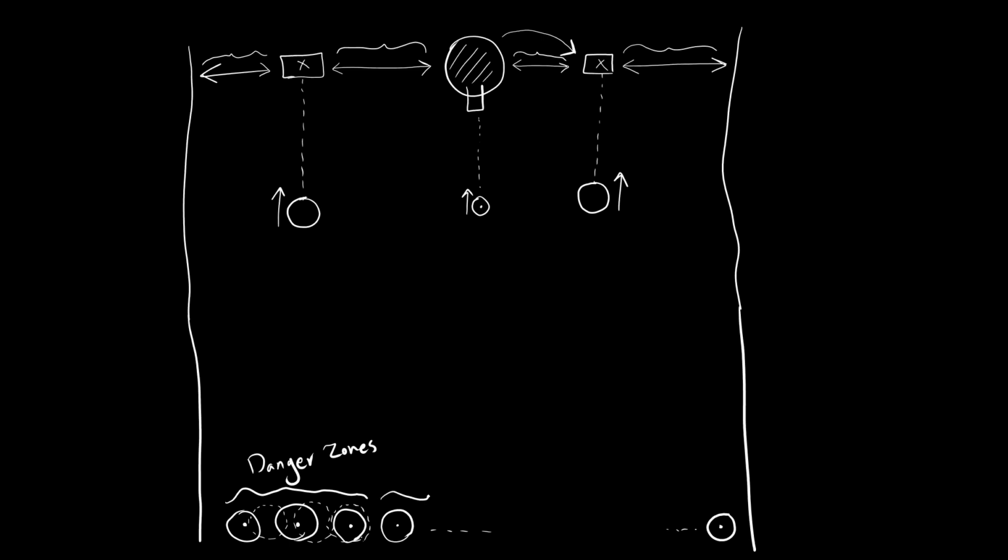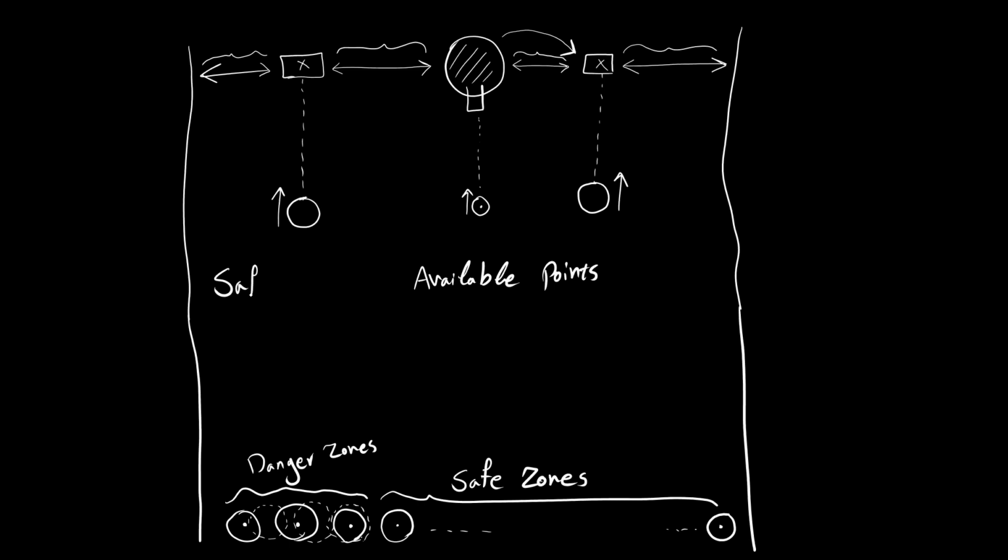And all the rest would be my safe zones. So what I did here is I created all of these points, and to actually find the safe zones, I will simply say my safe zones would be my available points minus my danger zones. So like that, I will find where my safe zones are.